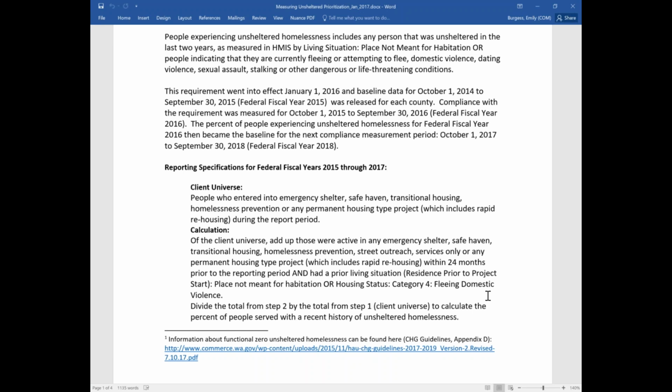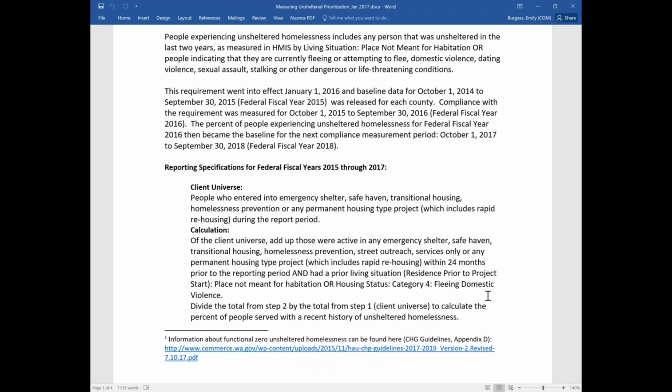So we decided to use the new updated data for all of the fiscal years that we've been reporting this, and that is what is on that year-to-year comparison. So in most cases, counties made a huge jump up in the percentage of unsheltered folks that they are serving.